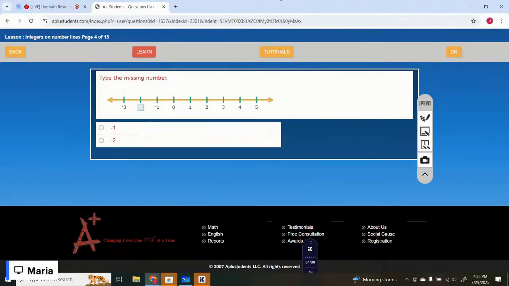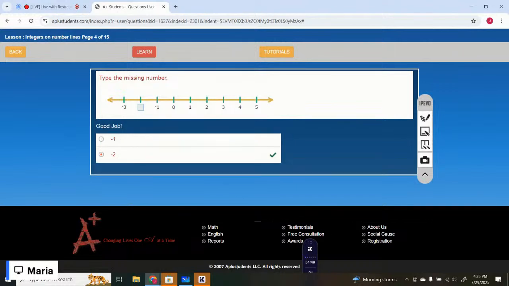Type the missing number. The missing number is -2. Option number 2 is the correct option.